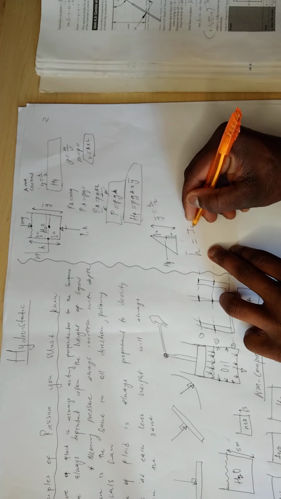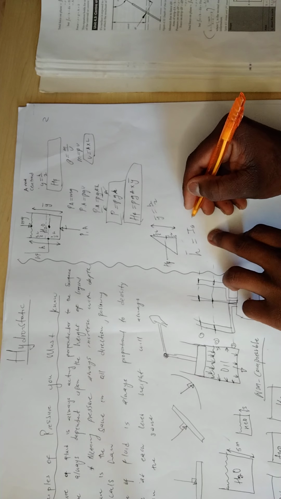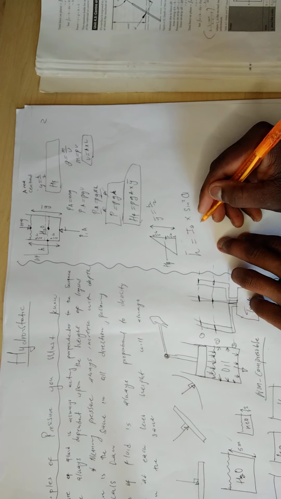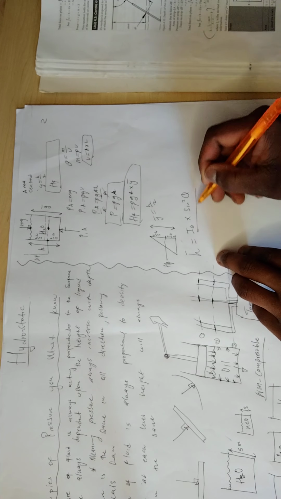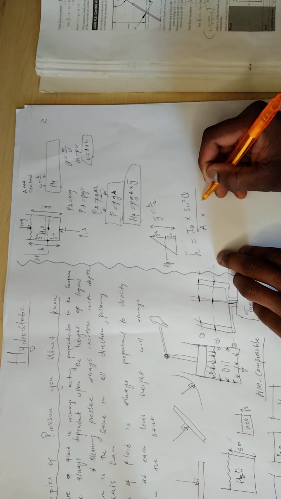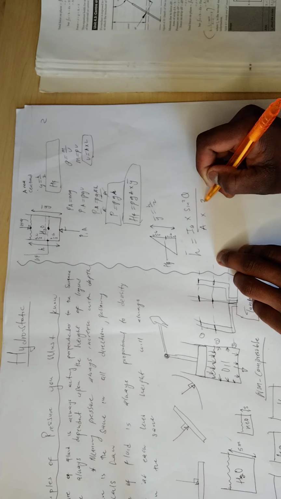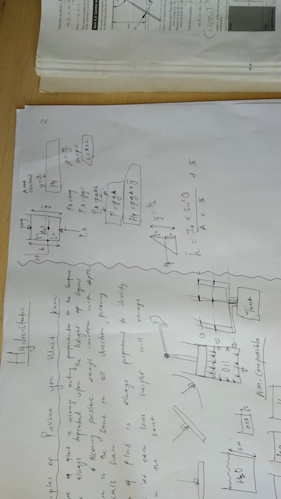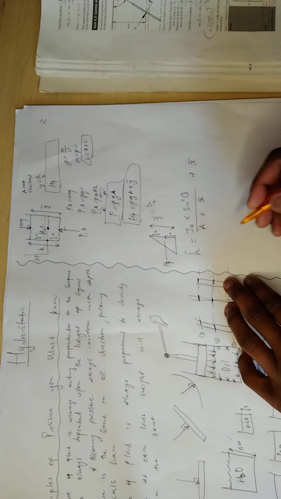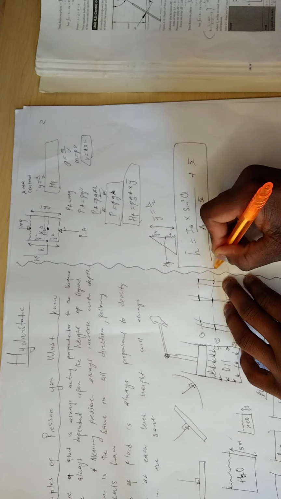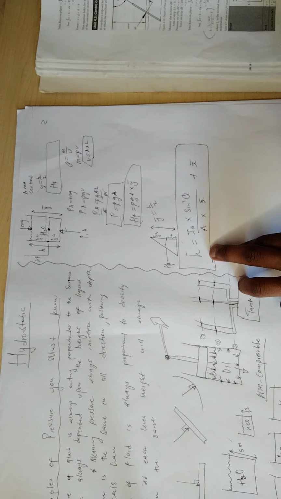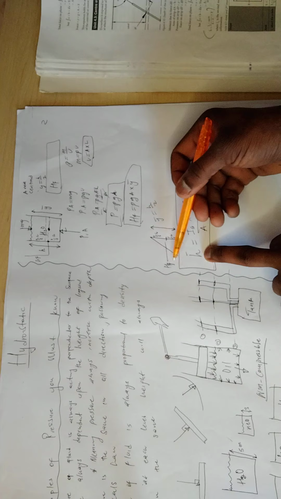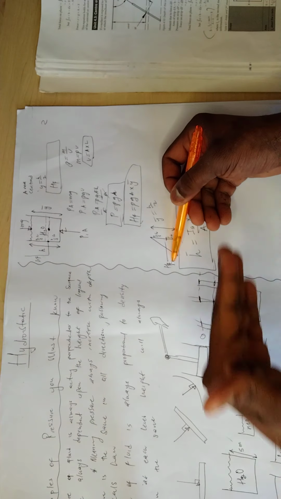Then we're going to have the second moment of inertia, sine squared theta, and area multiplied by x bar, plus x bar. In this formula, I just want to derive some stuff for you. Here H represents the position where our hydrostatic force is going to act.